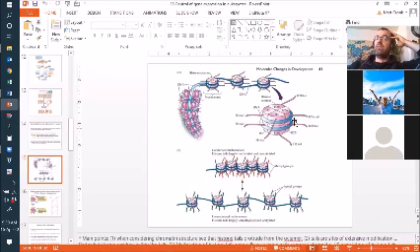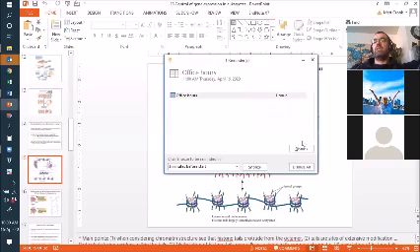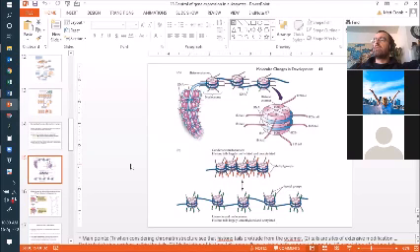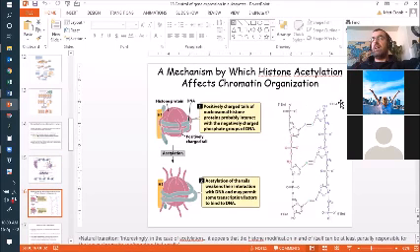These tails on histones have a whole bunch of typically lysine amino acids, and lysines are basic amino acids. So they have a positive charge typically. And if those lysines are just present as is, that histone tail will bind tightly to the DNA through just an ionic interaction, forming an ionic bond.